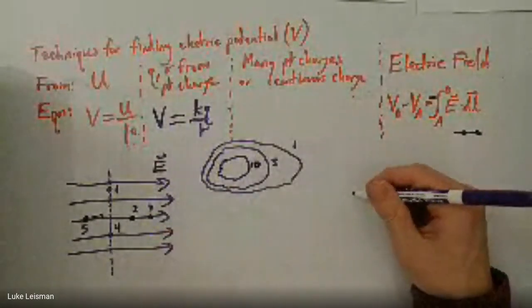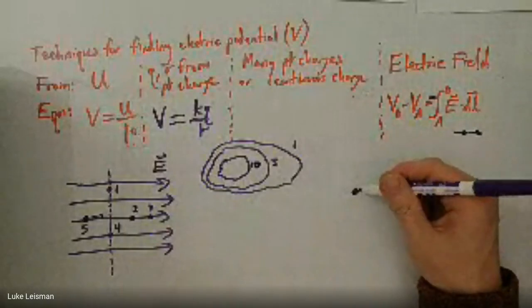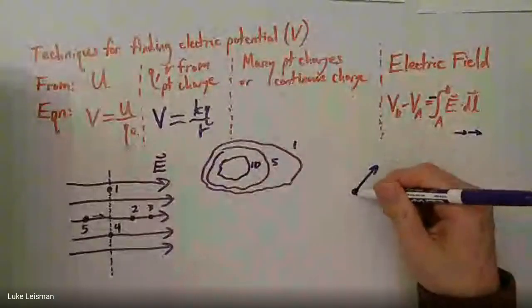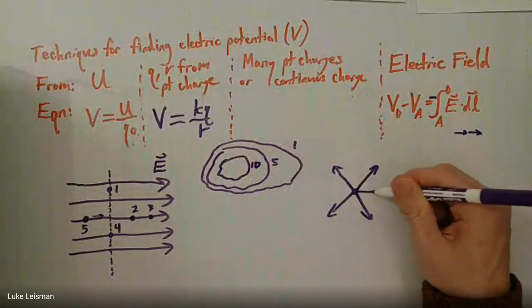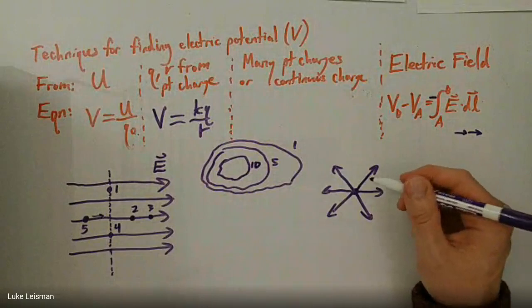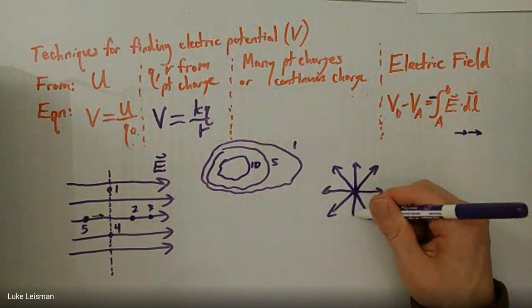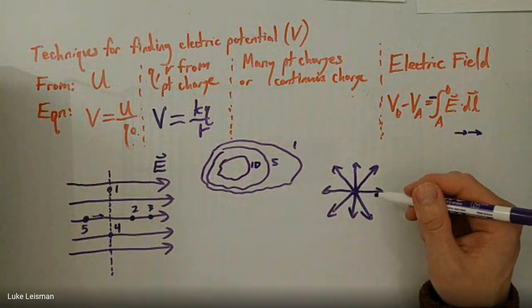So let's think about a positive point charge. For a positive point charge, the electric field goes radially out from that charge. You can draw some electric field lines going radially out. And if we wanted to draw equipotential surfaces, spots that all had the same potential, what would they look like?